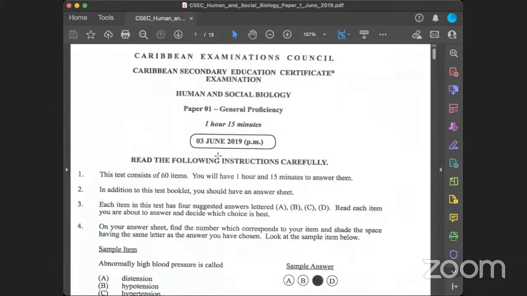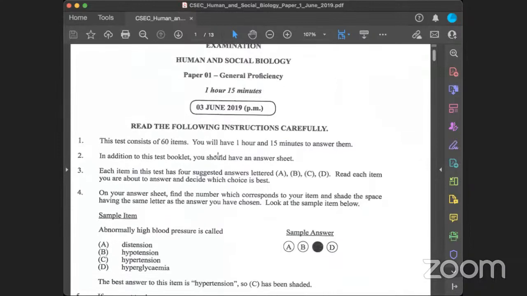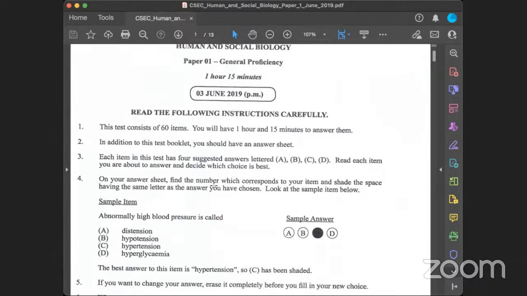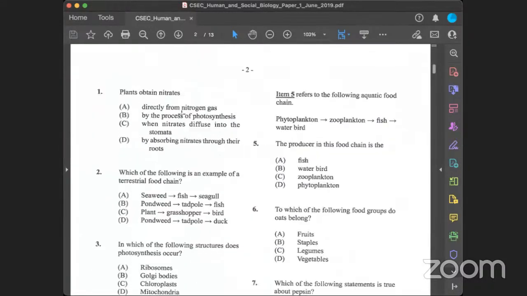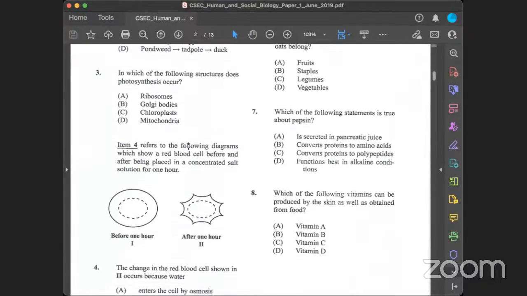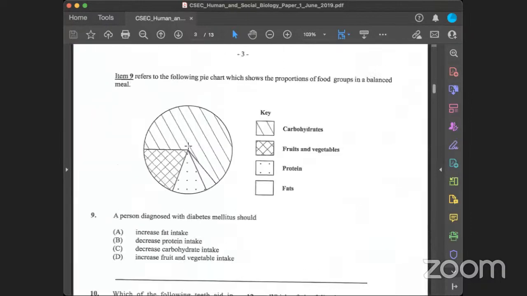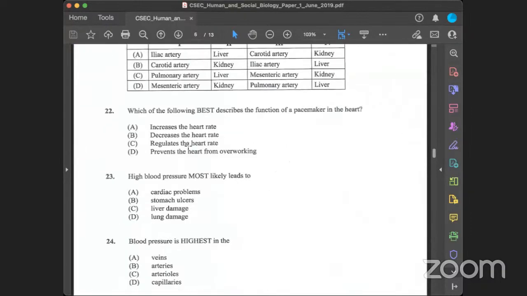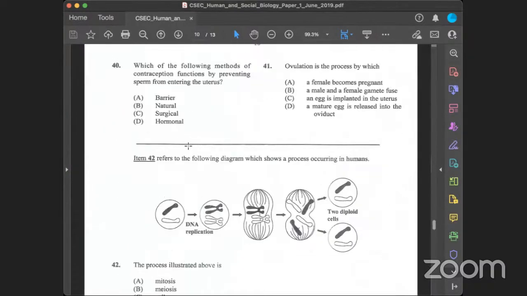All right, so we're beginning with June 2019 HSB. Let's try and go through this as quickly as we can so we can cover another one.